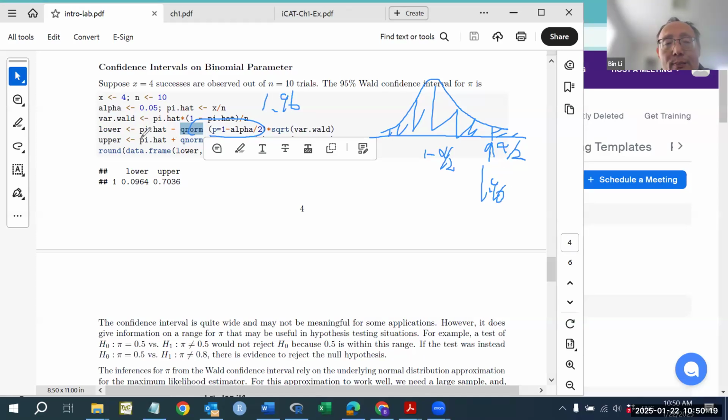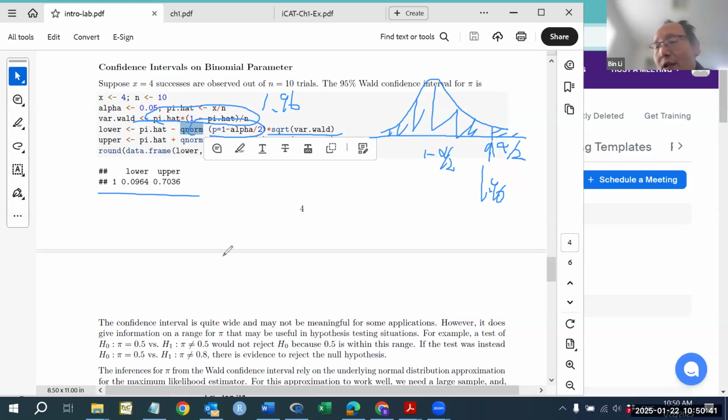So it's pi hat minus 1.96 times the square root of the variance, or the standard error, based on the Wald test. So we can find the lower and the upper limits.